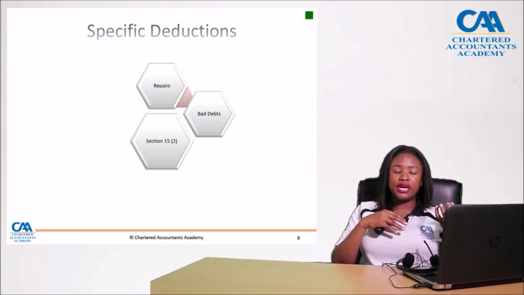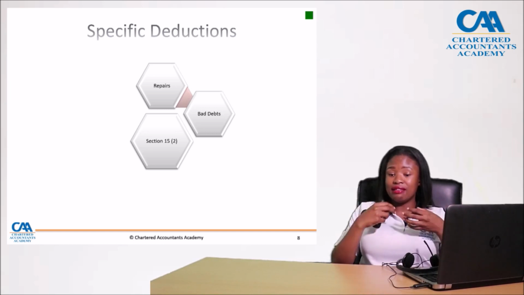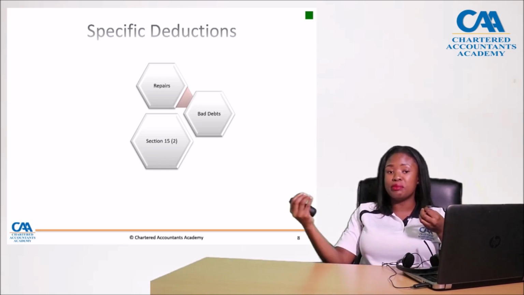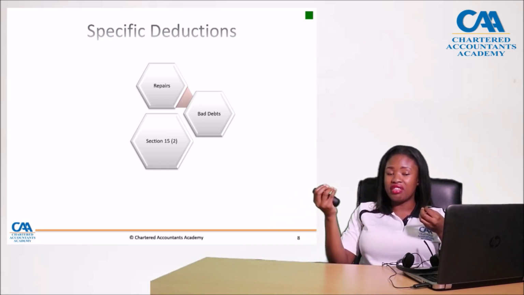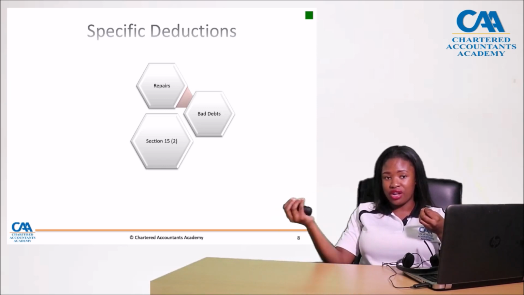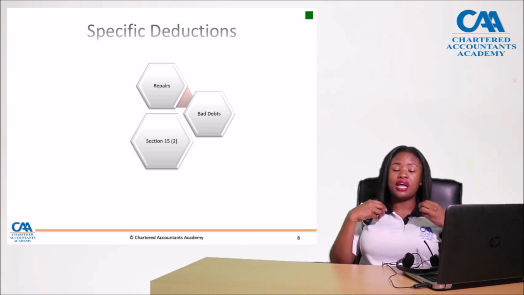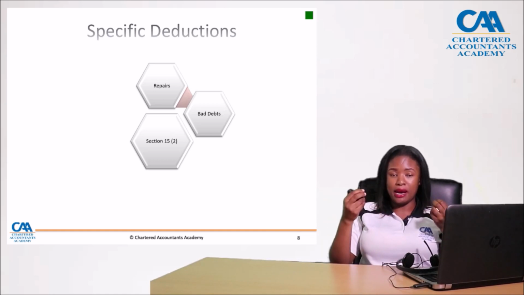But if, for example, this is a debt which is just 1 year old, the commissioner might decline and they can say you haven't really proven. Have you done everything that you can to try and recover this money so that we can determine that it has really become bad?